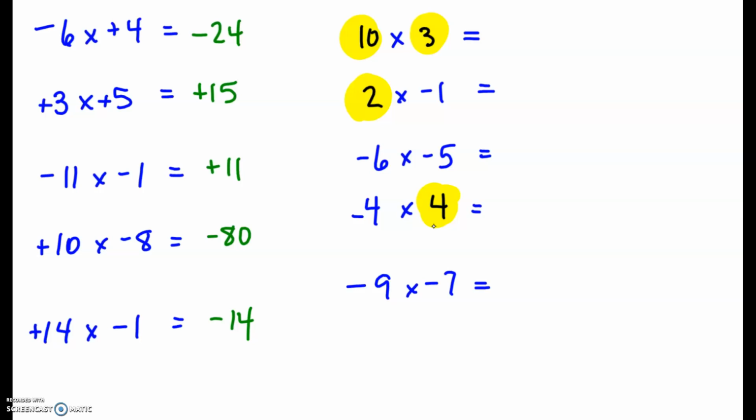If we don't write a sign, what sign do we assume is there? I'm going to tell you that if there is no sign, you assume it's positive. That's what you've done so far in your life. You've assumed numbers are all positive. So I can write a plus in front of these whole numbers to show that they're positive, but if there's no plus, you assume positive.